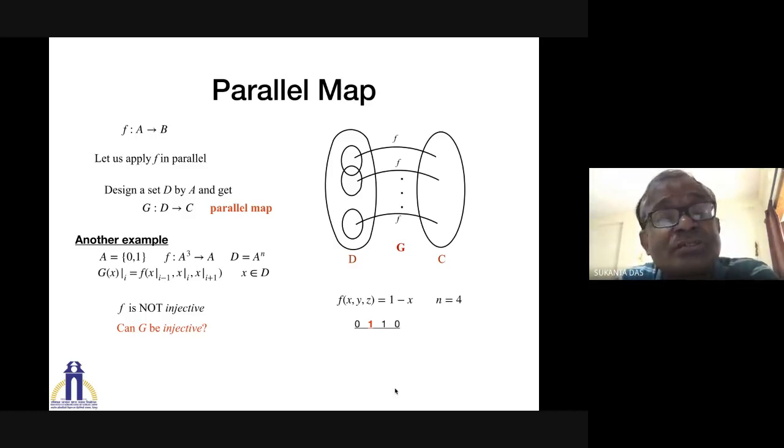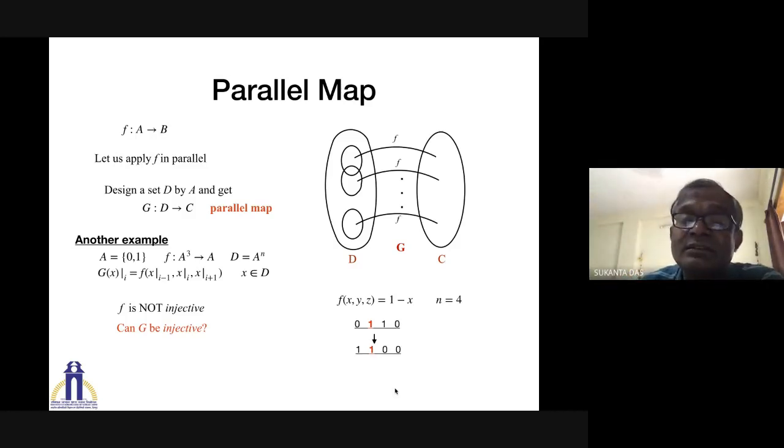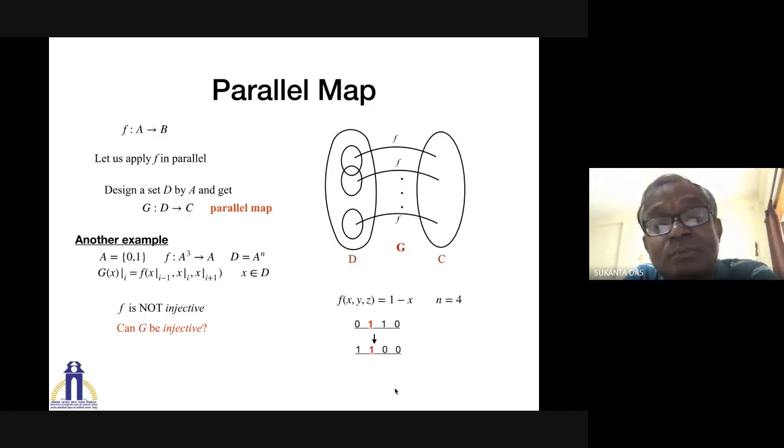There are 4 locations, so I am applying 4 copies of f parallelly. The red marked position: what am I getting? It is 0 1 1, so x is 0, y is 1, z is 1, and as I have defined, f of x, y, z equals 1 minus x.